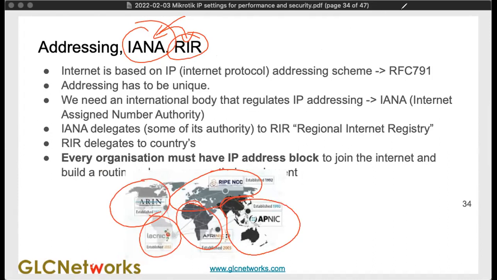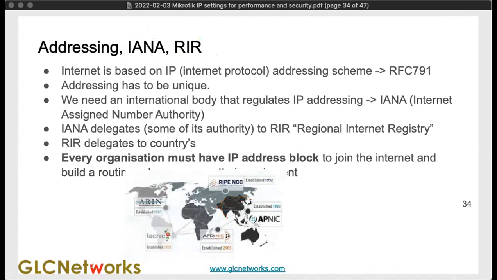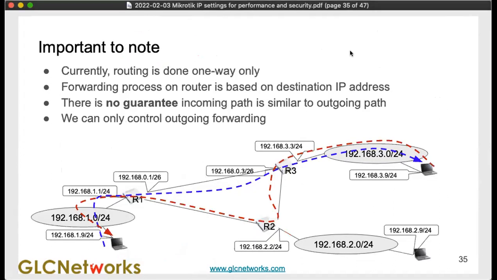Every organization must have an IP address block to join the internet, and they will be identified by an AS number. So here everyone can understand how it works.